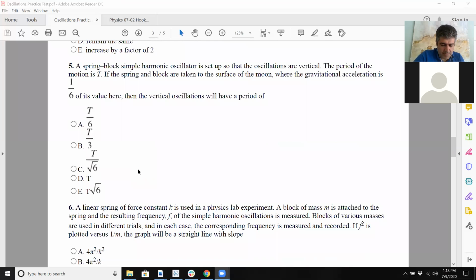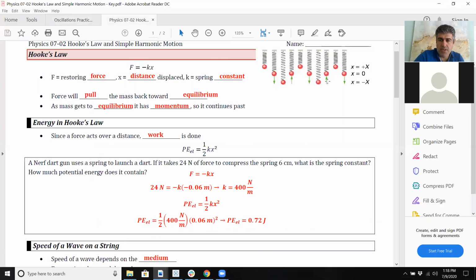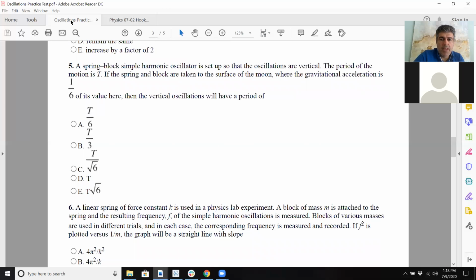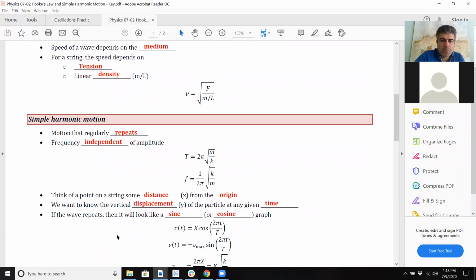Let's take a look at 5. A spring-block simple harmonic oscillator is set so that oscillations are vertical. So that's going to look kind of like this. See how these oscillations are vertical here. The period of the motion is capital T. The spring and block are taken to the surface of the moon, where the gravitational acceleration is 1/6 of this value here. Then vertical oscillation will have a period of... So in this case, let's look at how the period is impacted.